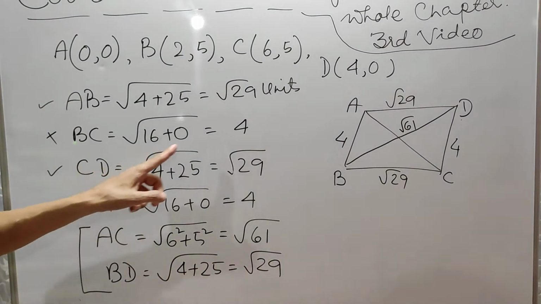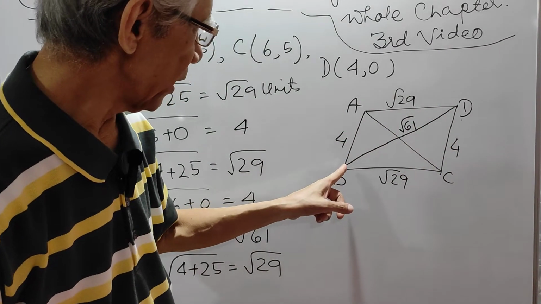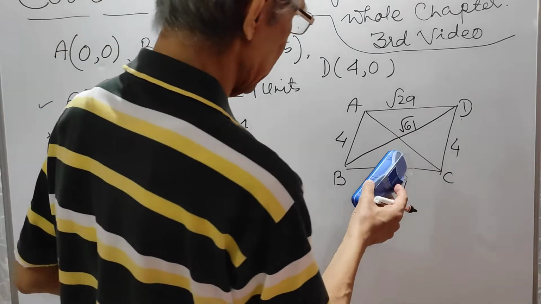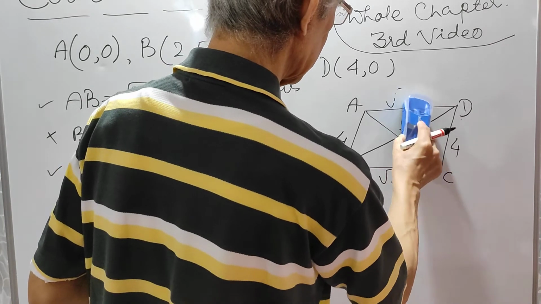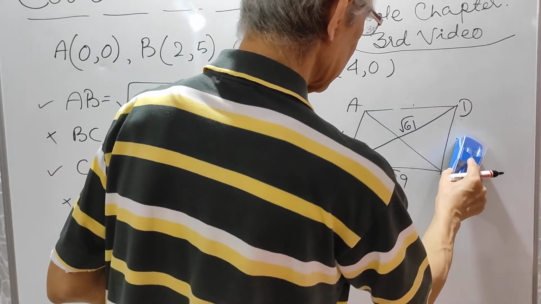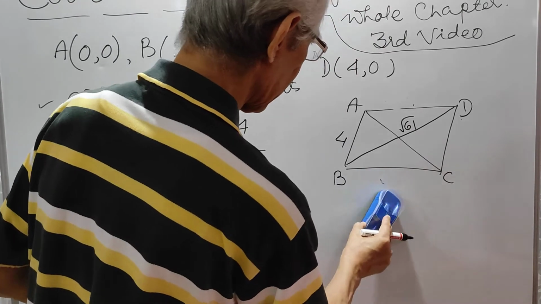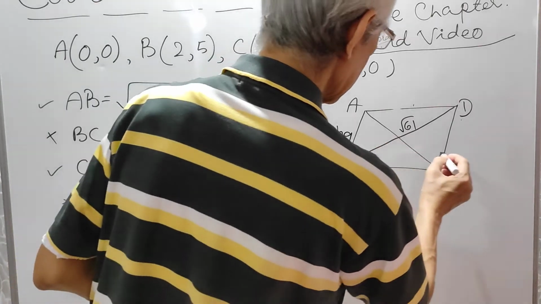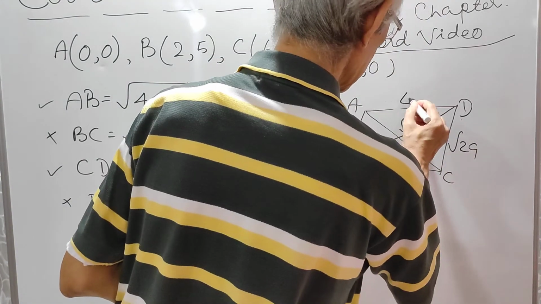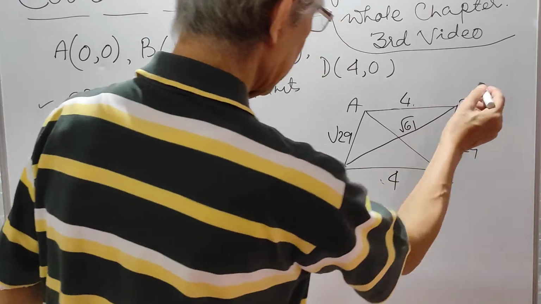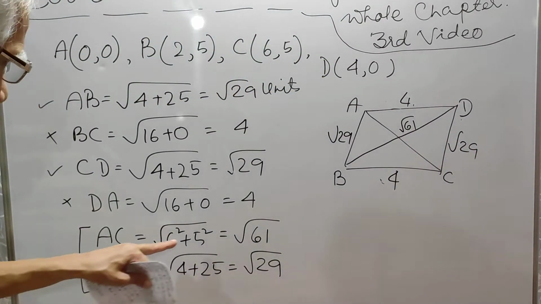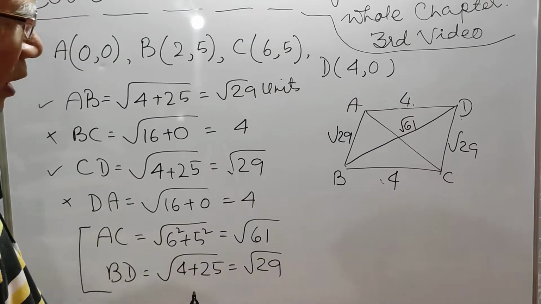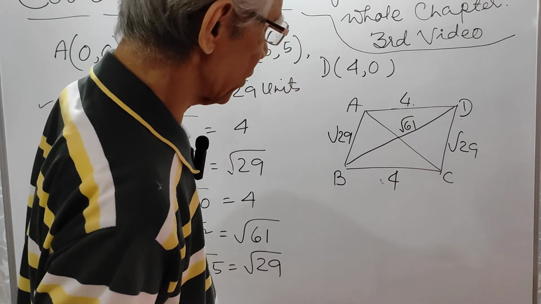So AB and CD are root 29, root 29, and this is 4, this is 4. Then AC is root 61 and BD is root 29.